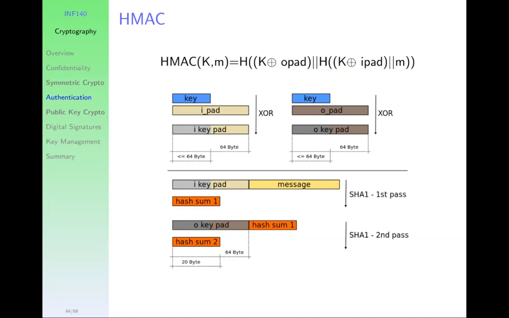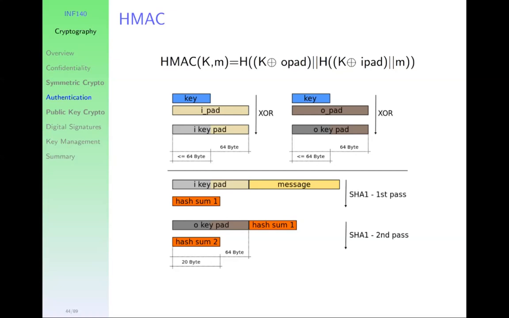I mean, it can use SHA-1. If SHA-1 is not secure at the moment, then we can replace it with more secure hash functions like SHA-2. If in 30, 40 years the SHA-2 family is not secure anymore, then we can replace it with SHA-3 or even SHA-4 if we have it later on.